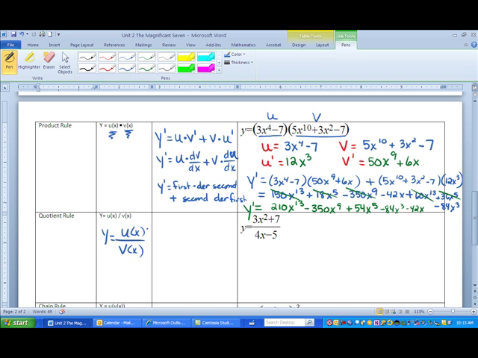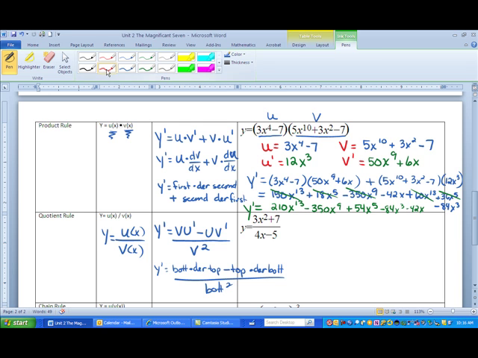So the derivative of a quotient is v times the derivative of u minus u times the derivative of v all over v squared. The way that I remember that is it's the bottom times the derivative of the top minus the top times the derivative of the bottom all over the bottom squared. So that might help you put it into perspective.